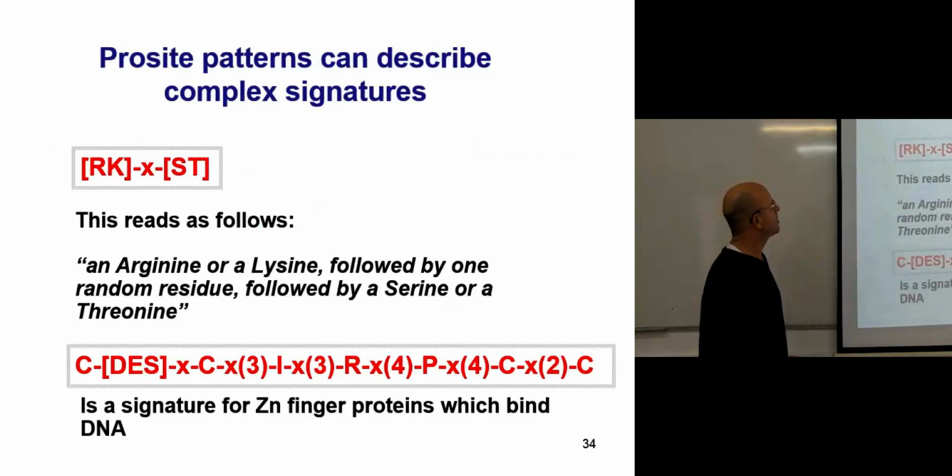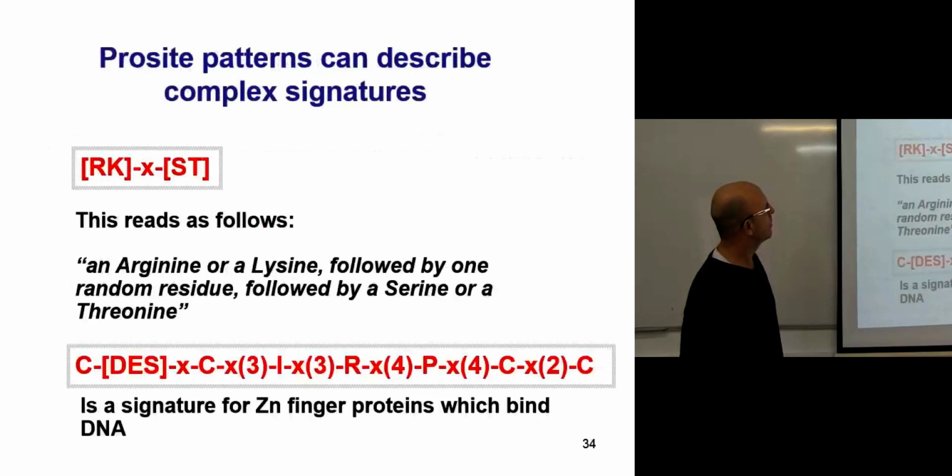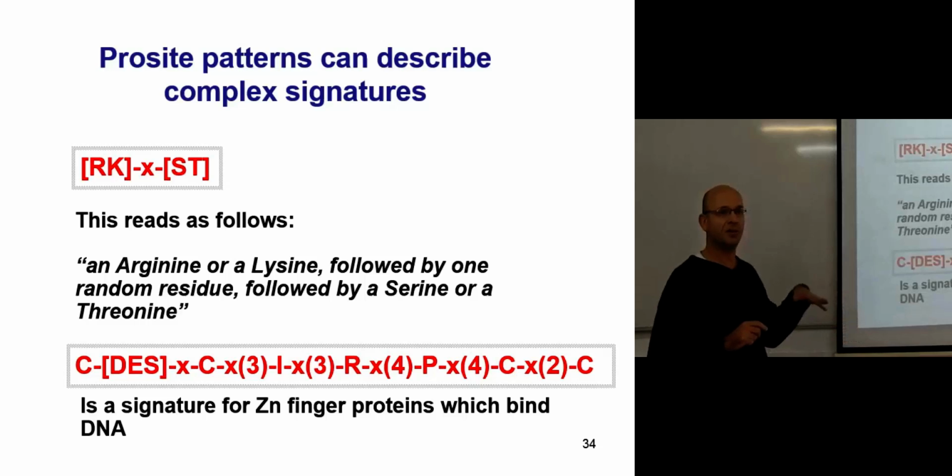So this is an example for something which is not totally conserved. This motif is actually read as follows. It includes arginine or lysine in the first place, because we have this square bracket, and everything within the square brackets is like 'or', this or this.